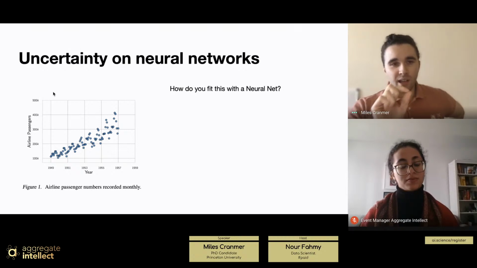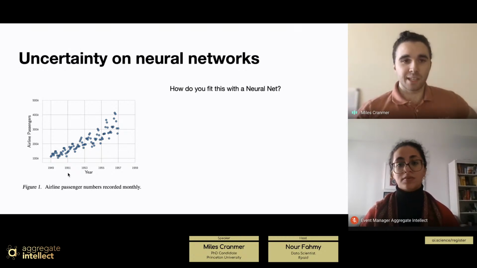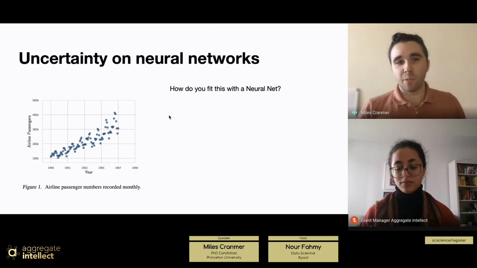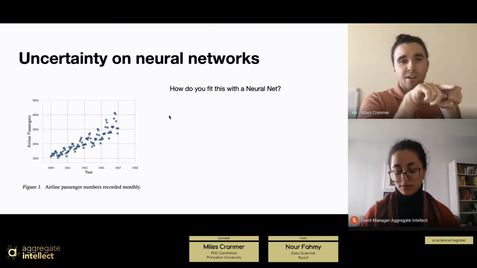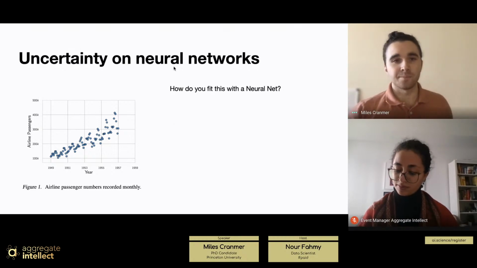Because a key detail is that there's a big spread in the data. If I try to fit this with a neural network, maybe it's going to overfit through every single data point, or it's just going to fit the mean line. But what if I really want to understand this actual spread of the data?